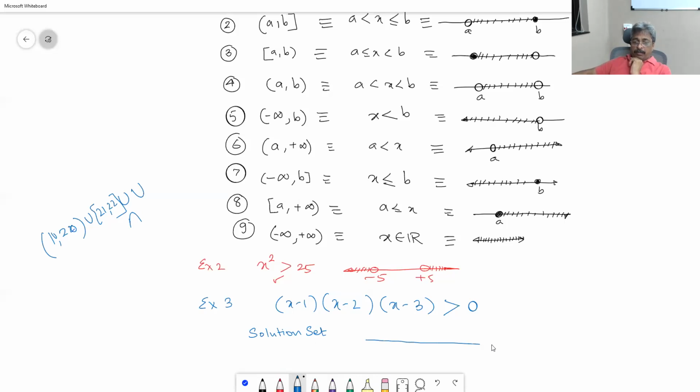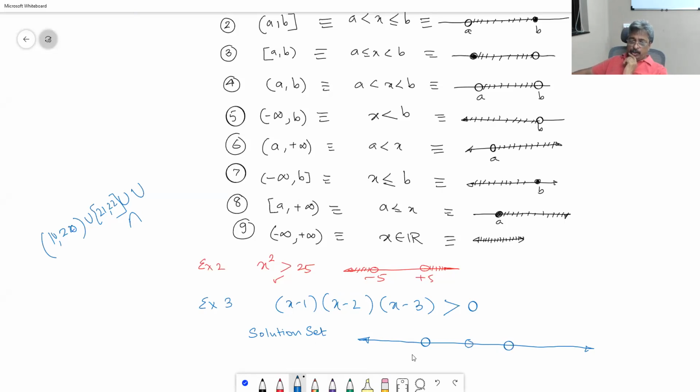We are working on the real number line, and as far as example number 3 is concerned, there are three important stations: 1, 2 and 3.